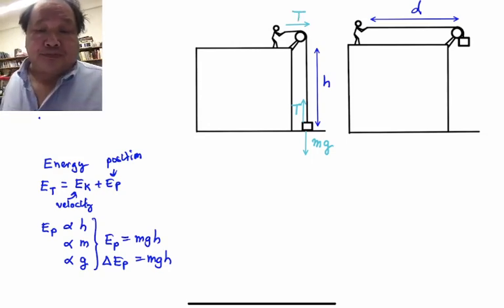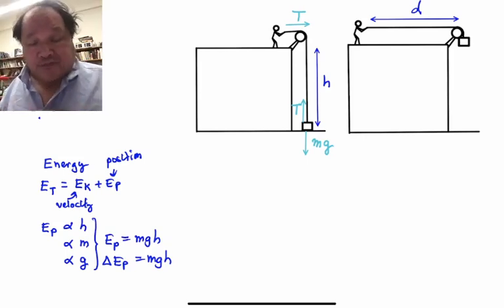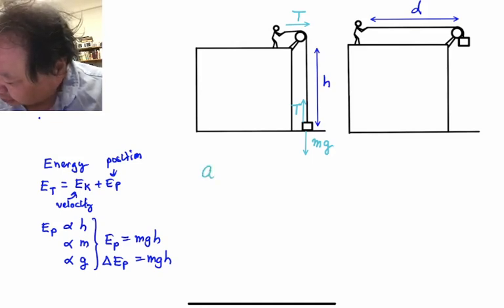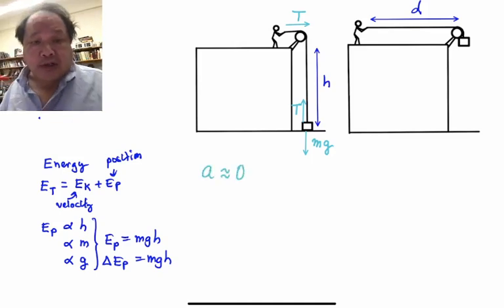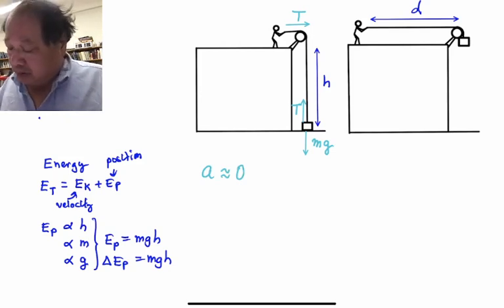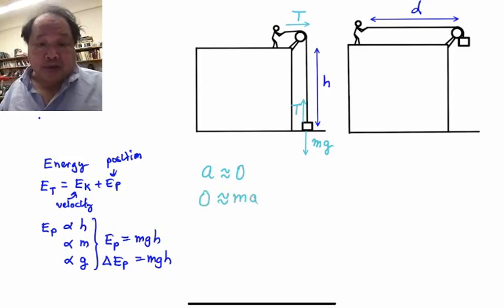Good. So we're going to consider the case here, because we're interested in position and not velocity, that A, acceleration, is approximately 0. Everything's going to go very, very slowly. So if A is approximately 0, ma is also approximately 0.